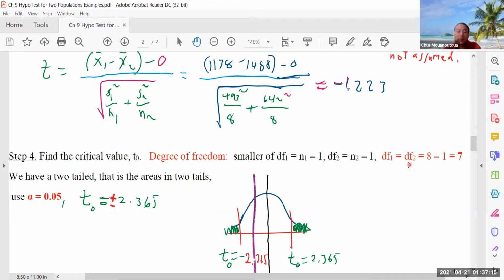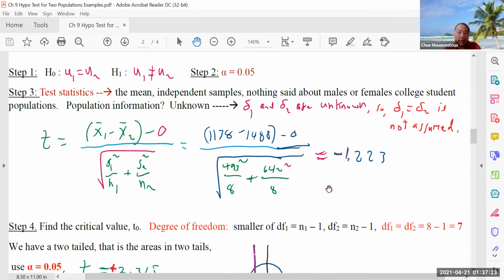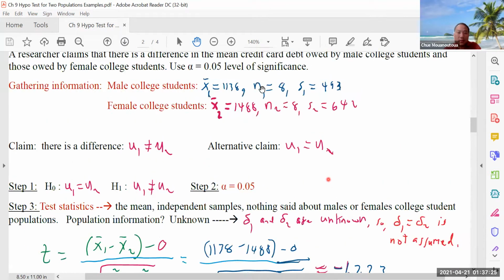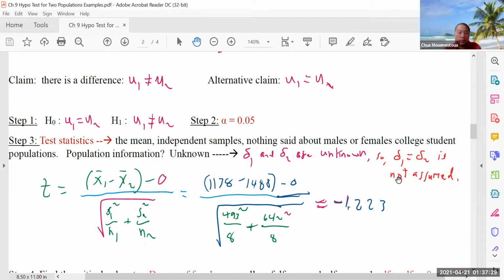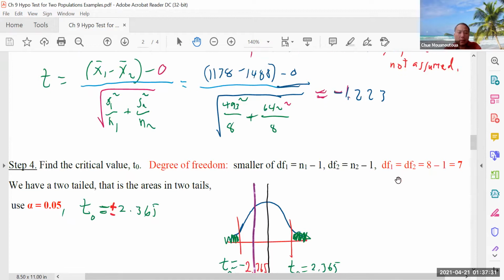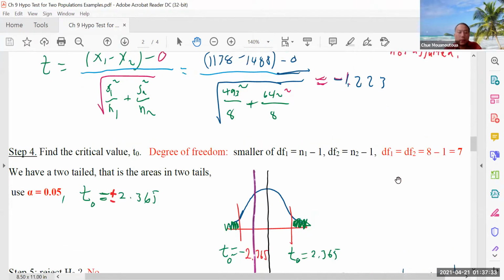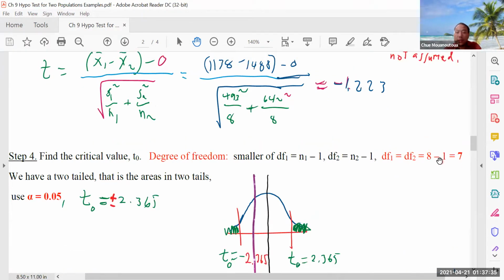In this case they are male and female college students, and they both have 8 as their sample size. So the degrees of freedom is 8 minus 1, which is 7.